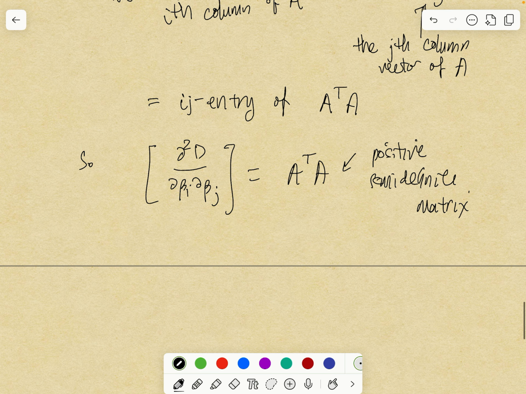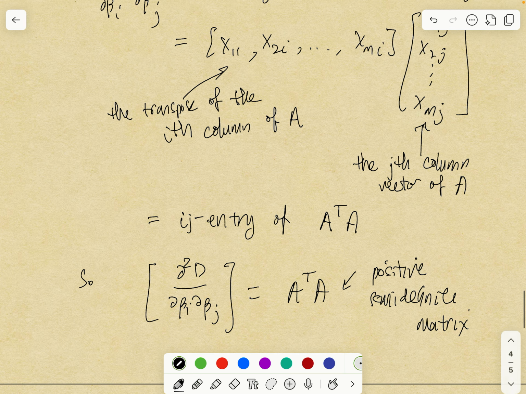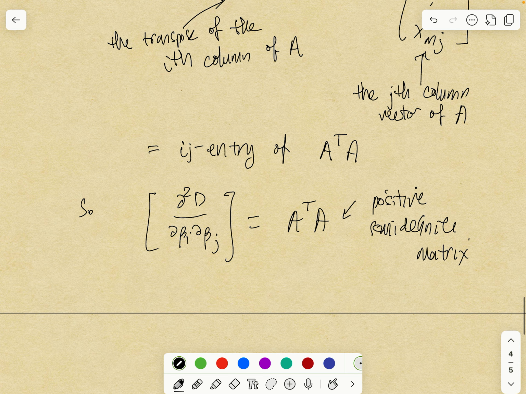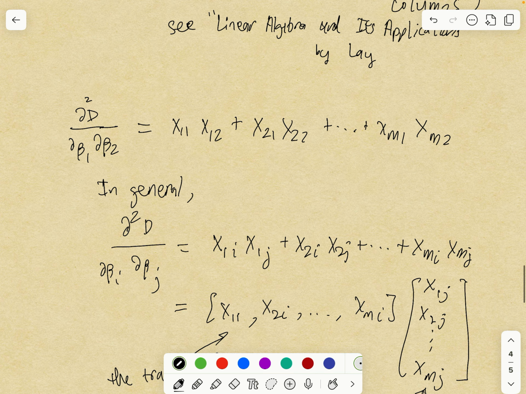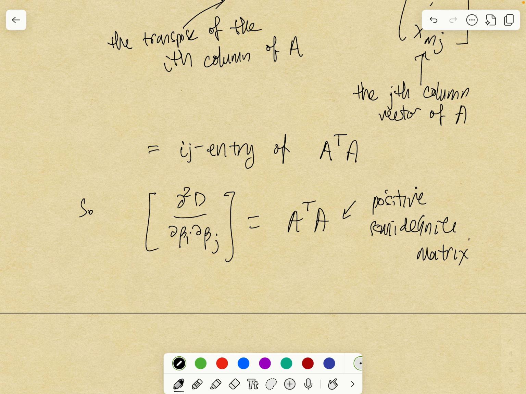The thing is that this matrix is positive definite everywhere, independent of your beta. So this is like if you have a function that's concave up everywhere, basically. Then your minimum is a global minimum. So that's exactly what's going on here. So you have a global minimum. Yeah, so that explains why this is actually a minimum value of the entire function.